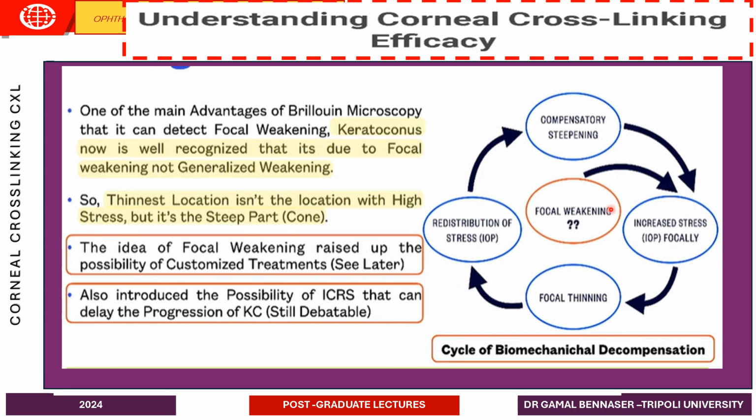Looking at the cycle of biomechanical decompensation, there is a focal defect in the cornea, and this focal defect will lead to redistribution of the stress around that point, leading to thinning of that point, and then this thinning will lead to redistribution of the stress around that point, and that will lead to focal steepening. Then this focal steepening will further lead to redistribution of the stress and so on. So this is a vicious circle, started from a focal defect in corneal biomechanics and ending up with steepening of the cornea.